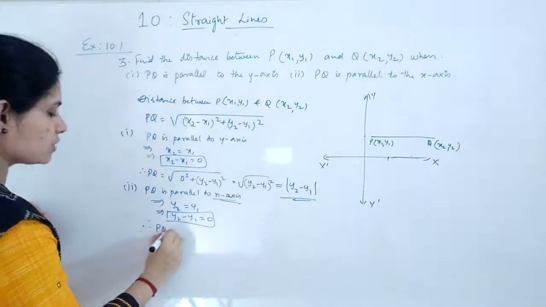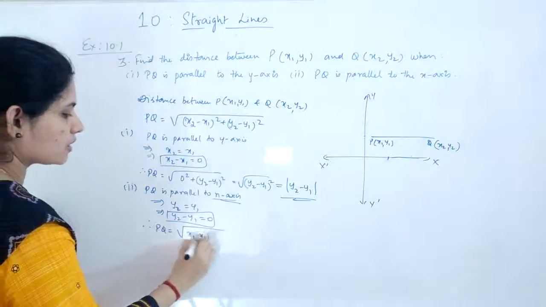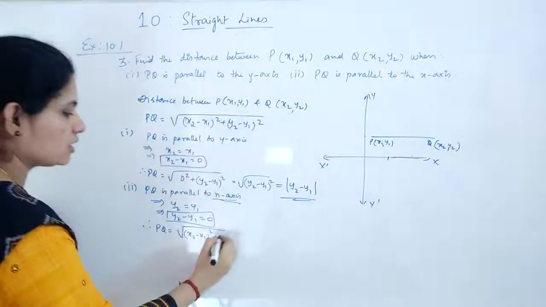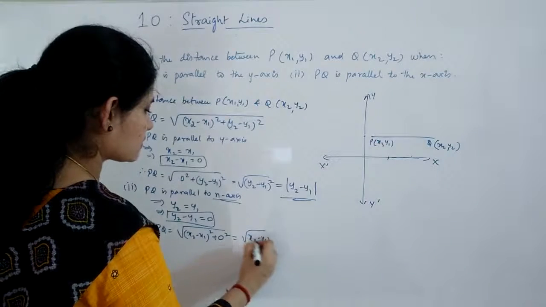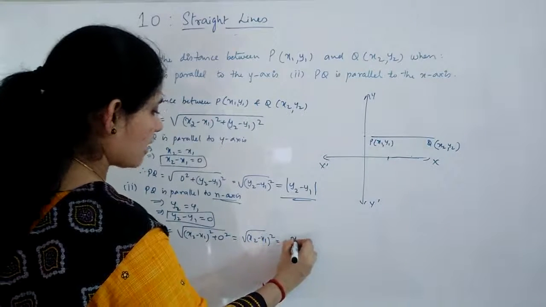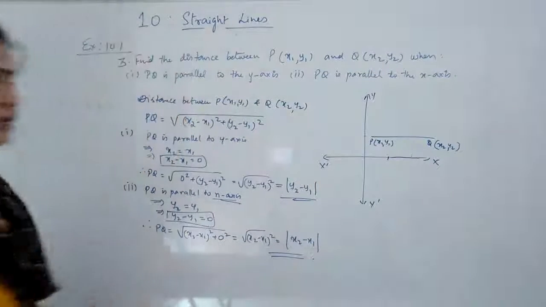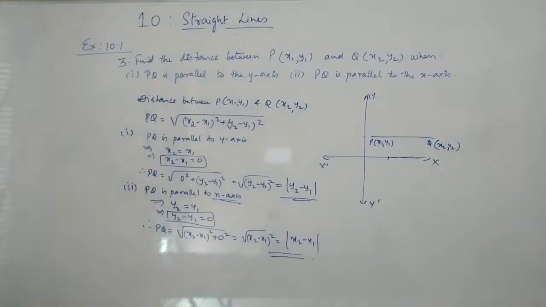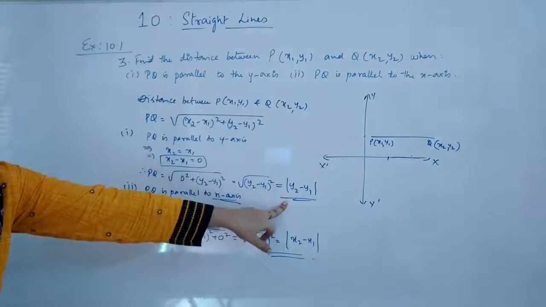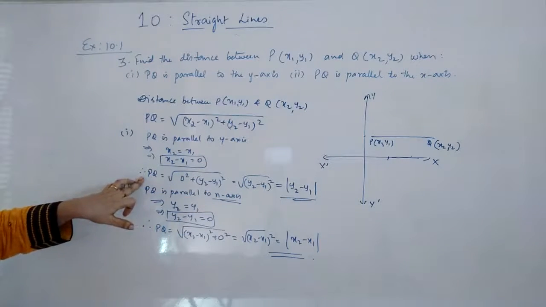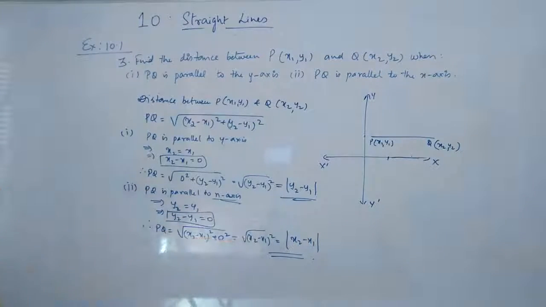Therefore, the distance PQ will be root of x2 minus x1 the whole square plus you're substituting 0 square. So it will become root of x2 minus x1 the whole square, or mod of x2 minus x1 in order to give it as a positive value. Okay. So parallel to y-axis will give you mod of y2 minus y1 as the distance PQ, and parallel to x-axis will give you PQ as mod of x2 minus x1.